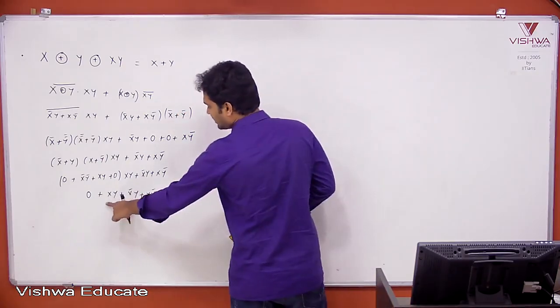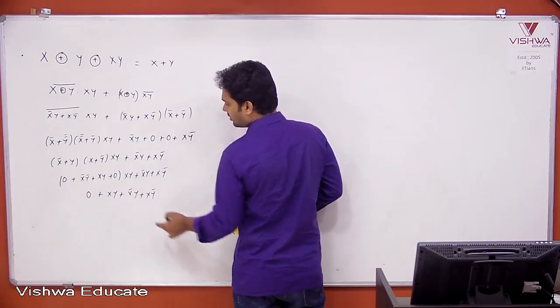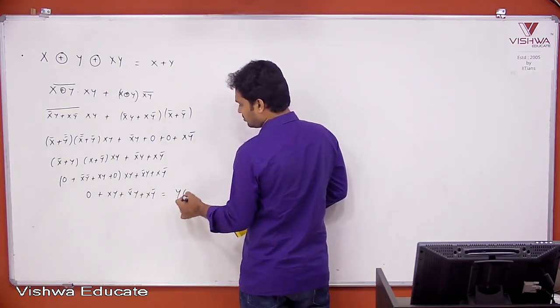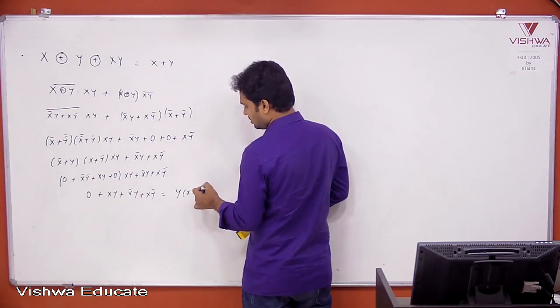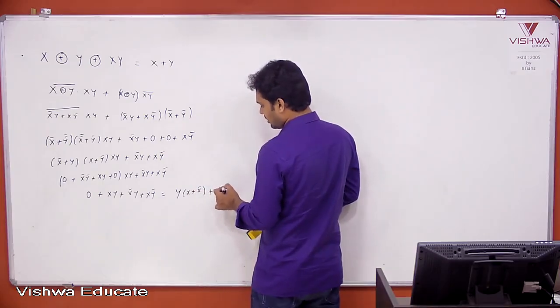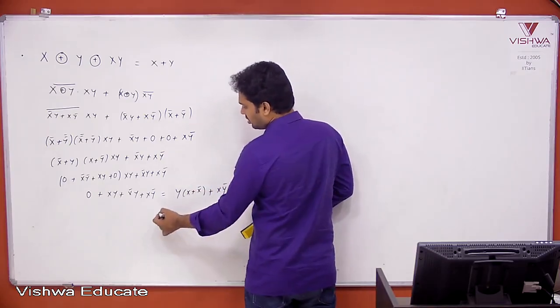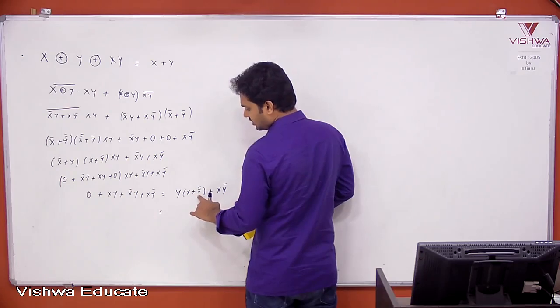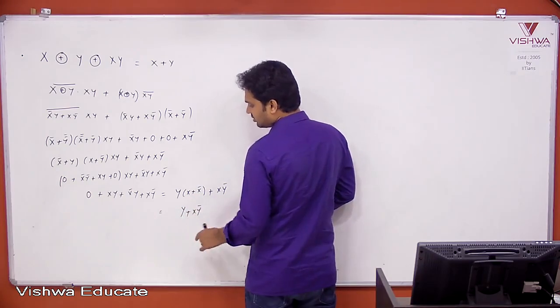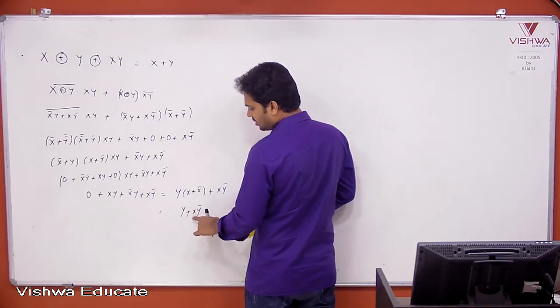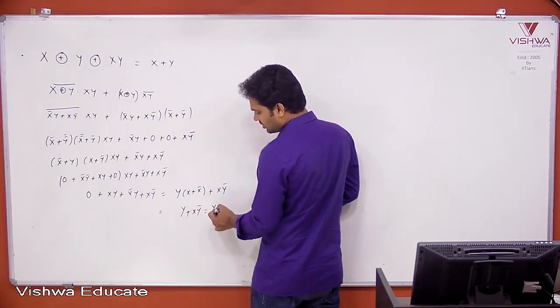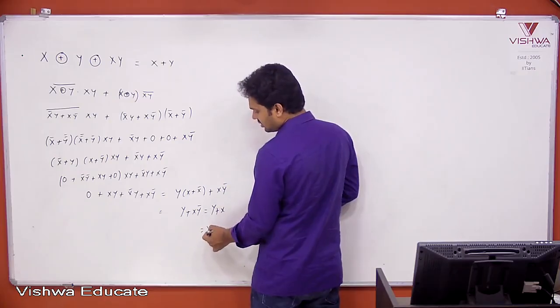Can I take X common here or Y common? You can take Y common. X plus X bar X Y bar. What is X plus X bar? 1. Y plus X Y bar. So Y plus Y bar X, distributive property, it is Y plus X. So what is the answer?